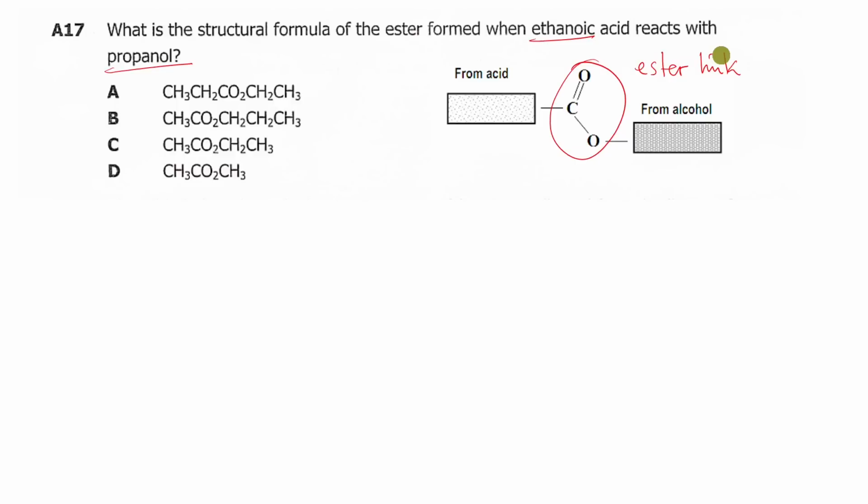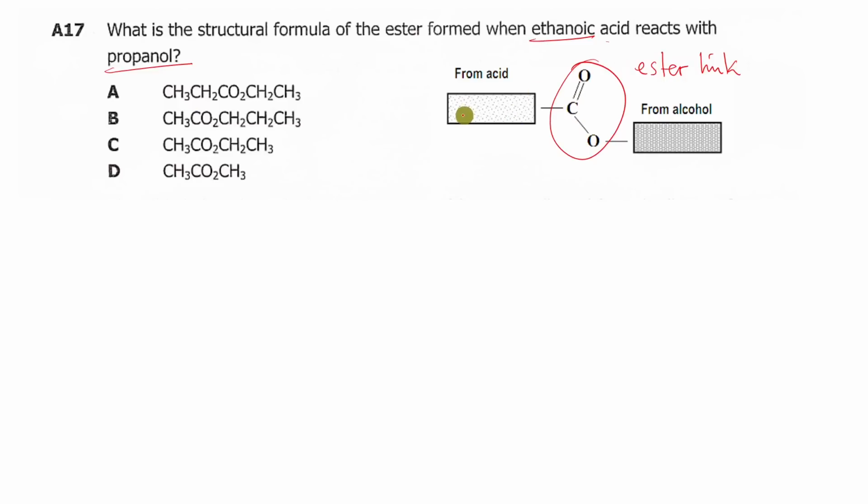Now, when an ester is formed, it is formed from an acid, like in this case ethanoic acid, and an alcohol. Propanol is an alcohol here. This is an idea to show you that when you have a formation of an ester, it will have a link.